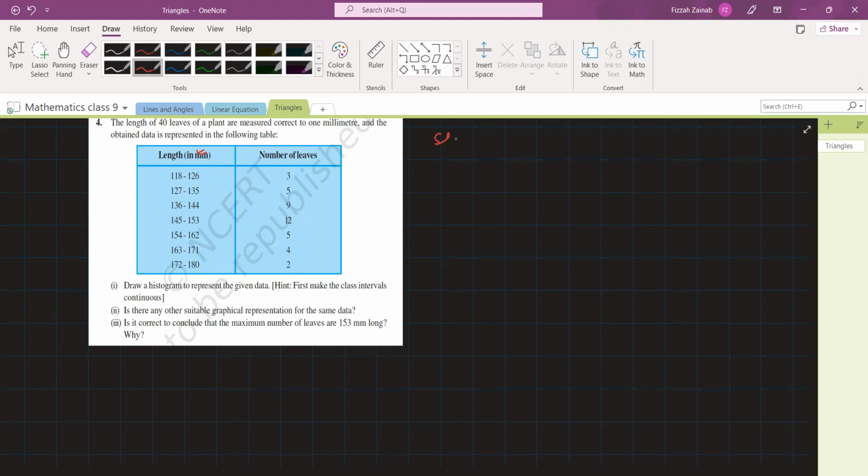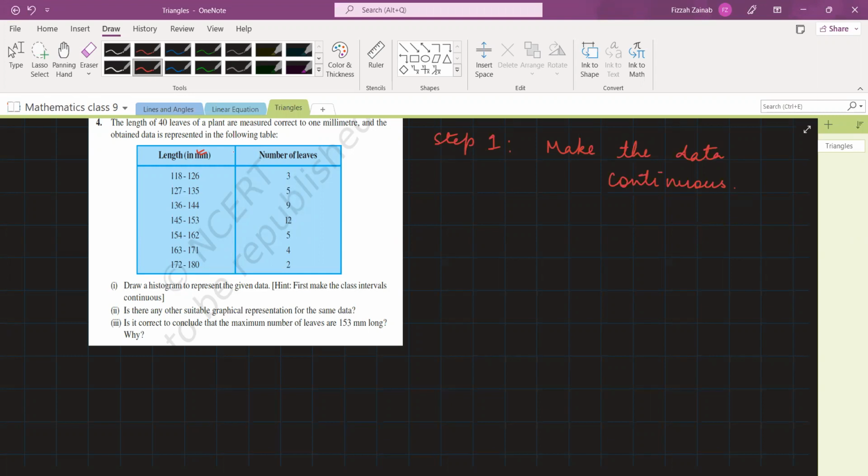So step 1, make the data continuous. How will you do that? So as I told you, if you have this kind of data, we add 0.5 to the upper limit, right?